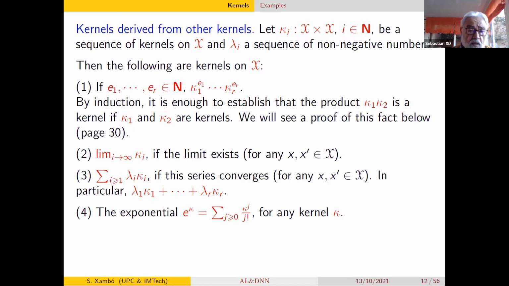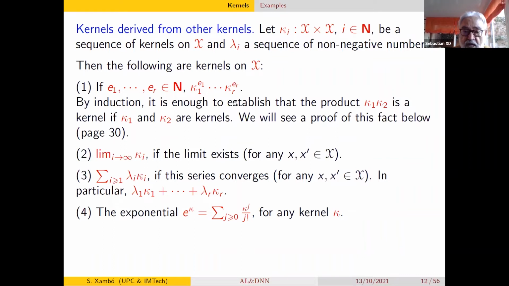Another one, suppose that the limit, when i goes to infinity of kappa i, exists. Well, this means that for any x and x prime in X, the limit, when i goes to infinity of kappa i of x, x prime exists, and this is the value of the limit at x and x prime.